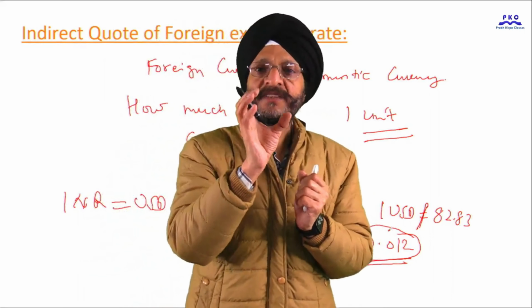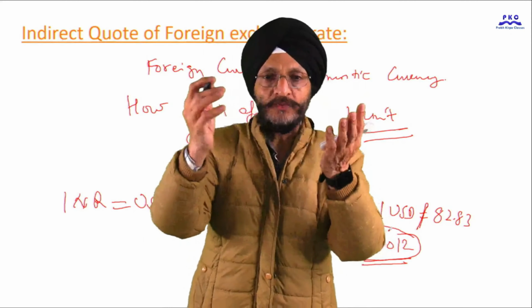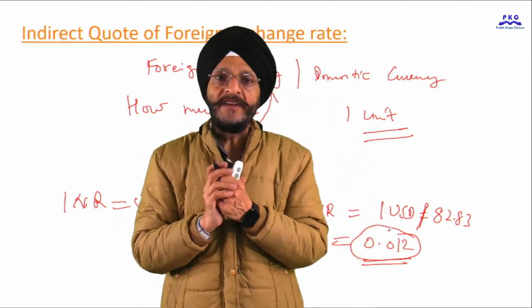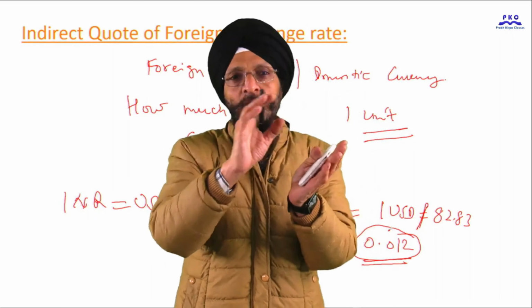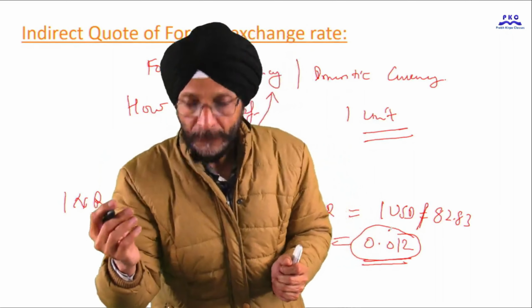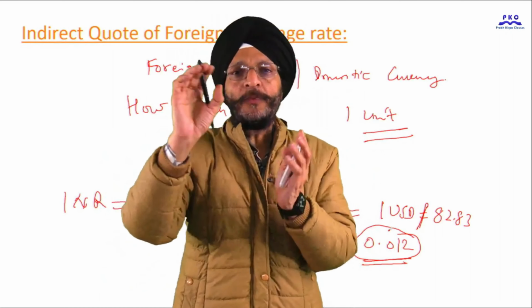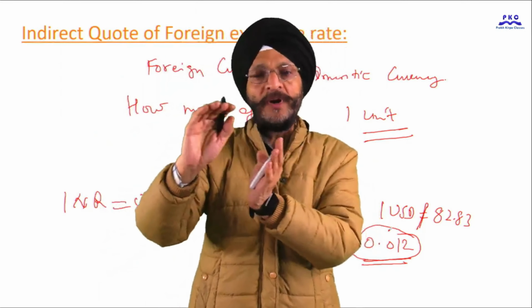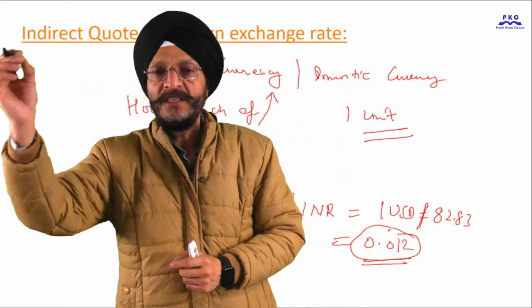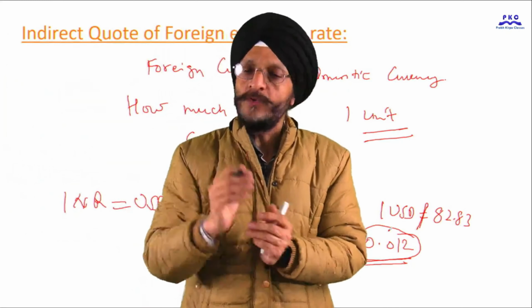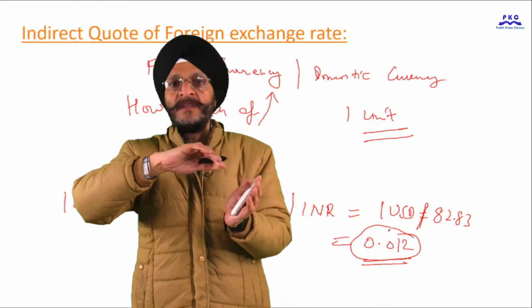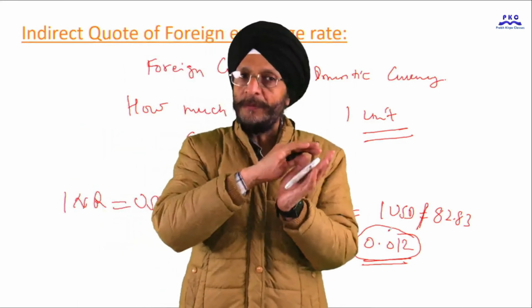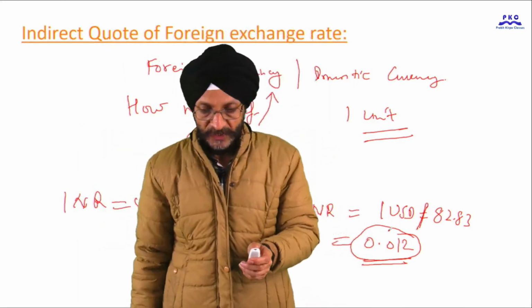Because it is easy for a person to understand. Suppose we want to purchase Canadian dollar. We will say that we will have to pay 61.04 Indian rupee to purchase 1 Canadian dollar. So it is a direct quote. Normally, we people use direct quote of foreign exchange.